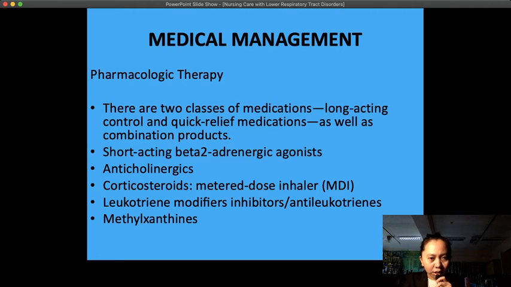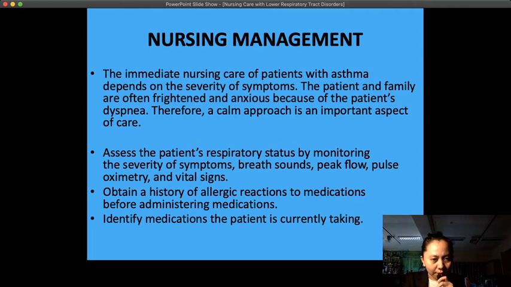So medical management, medications. Nursing management: always assess the patient's respiratory status by monitoring the severity of symptoms, breath sounds, peak flow, pulse oximetry, and vital signs. Obtain a history of allergic reactions to medications before administering medications and identify medications the patient is currently taking.